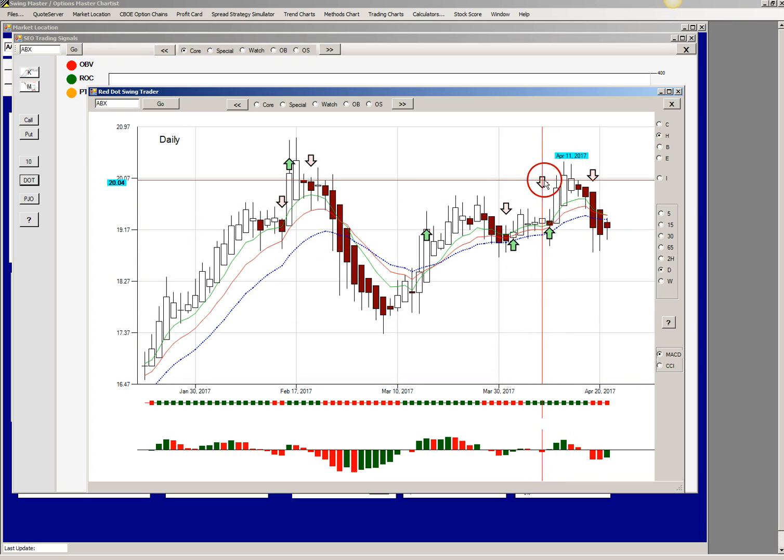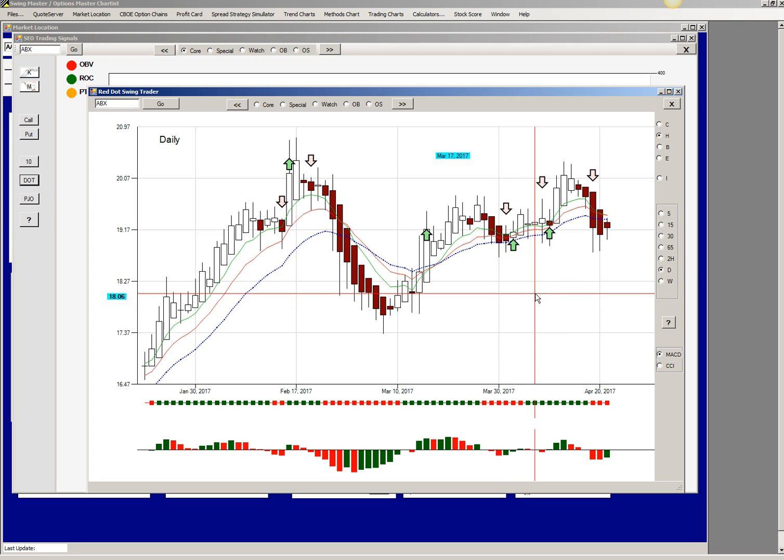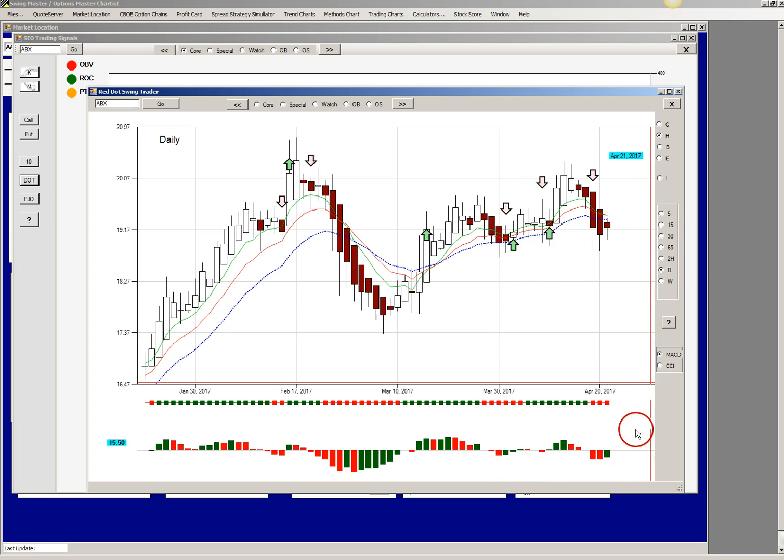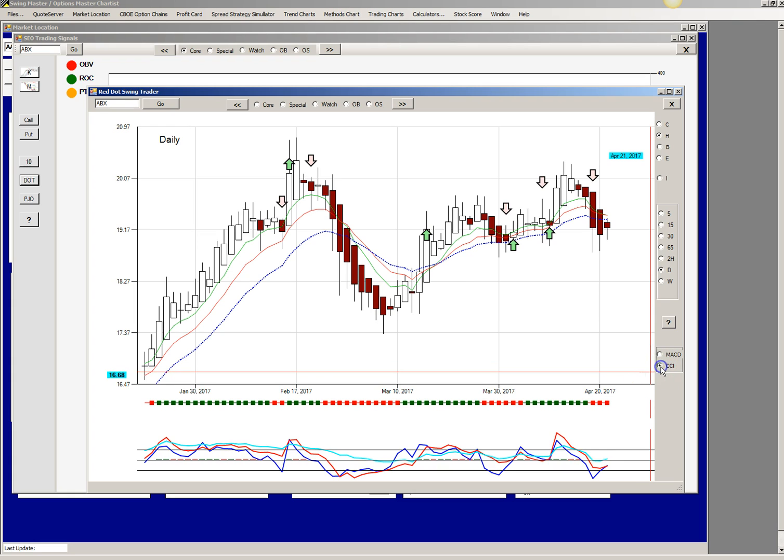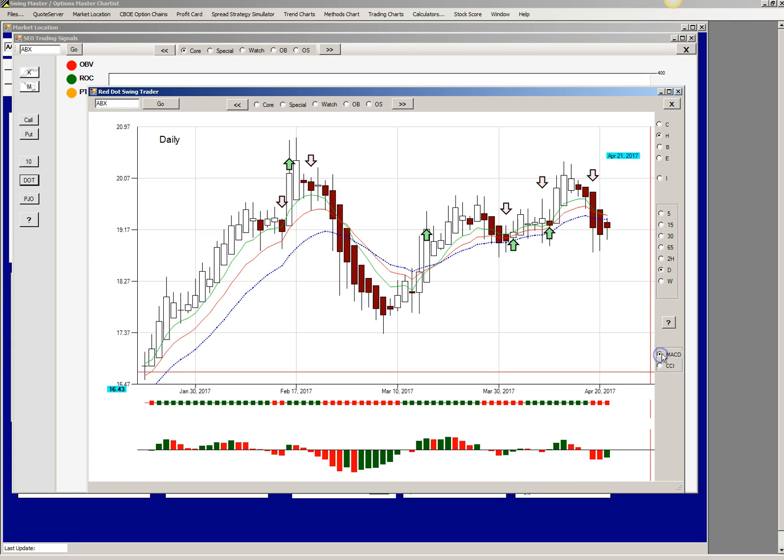And we also have the TSI indicators on here also. If you don't like the MACD histogram, or if you prefer the CCI, then you can use these radio buttons to flip between the MACD and the CCI, whichever best suits your eye.